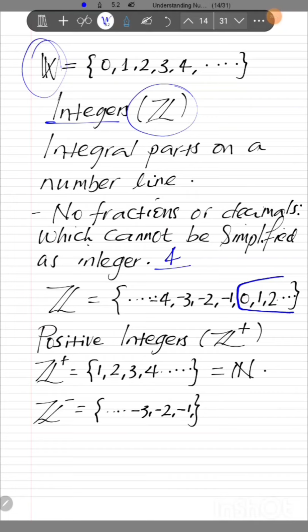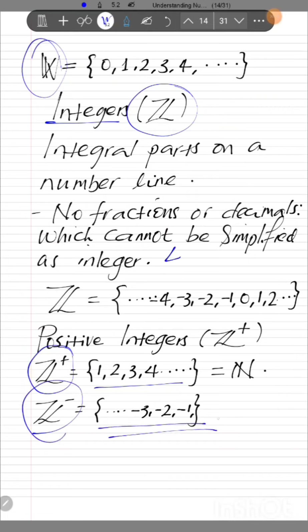Which ones are non-positive integers? These are non-positive integers. So in non-positive integers, 0, -1, -2, -3, -4, and like that. In non-negative integers, you start again from 0, 1, 2, 3, and so on and so forth. So Z plus means positive integers, which is exactly the same as natural numbers. Z minus is negative integers.